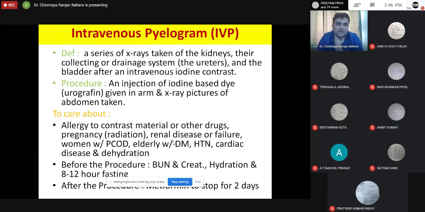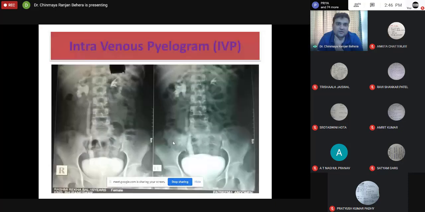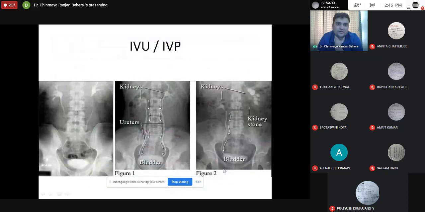In that way you will get the films. In most IVPs there will be a time written. I don't see anything written in this one. Most of the time the timing will be written, either 5, 10, 15, 20, and this contrast will be seen. So you can know that it is an IVP.